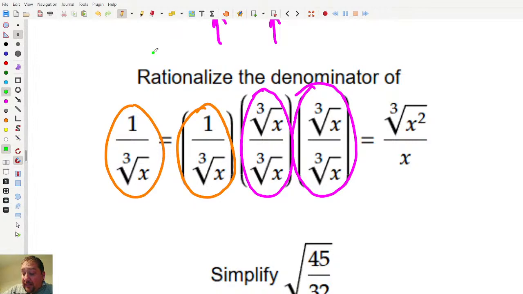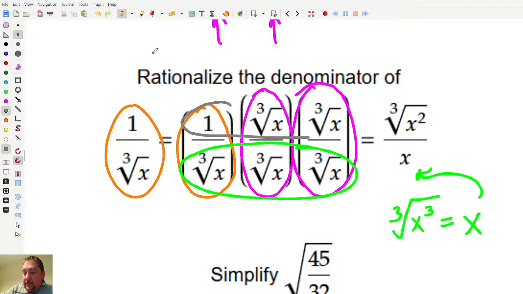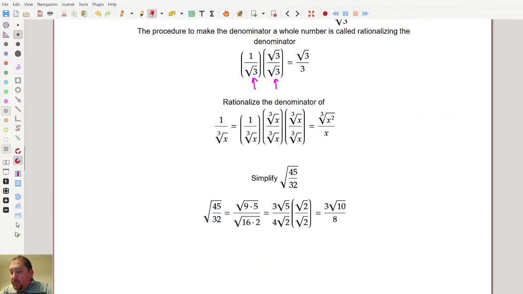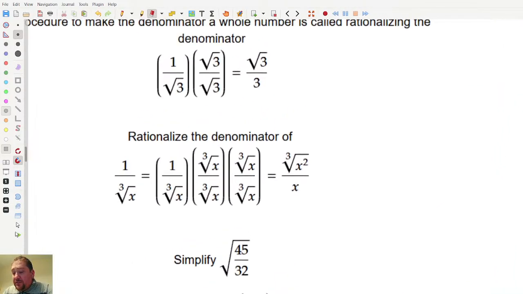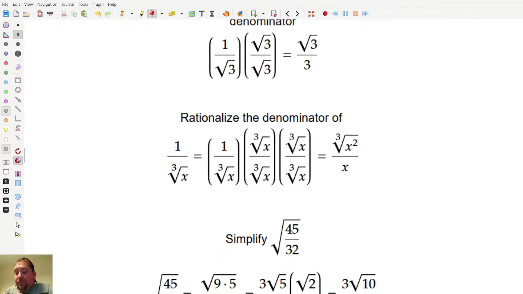Now when you look at the denominator, what we really have is the cube root of x cubed, but notice that simplifies to x. And in the numerator, we have 1 times the cube root of x times the cube root of x, so you have an exponent of 2 on the inside of the radical sign, right? That's what it means to rationalize a denominator. We're only going to look at square roots and cube roots in this course.